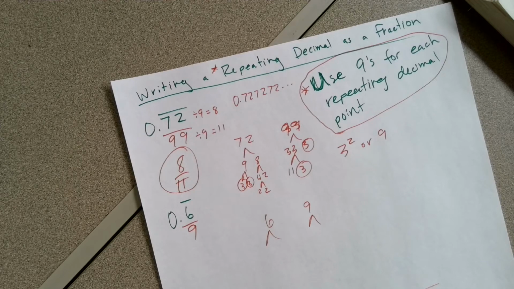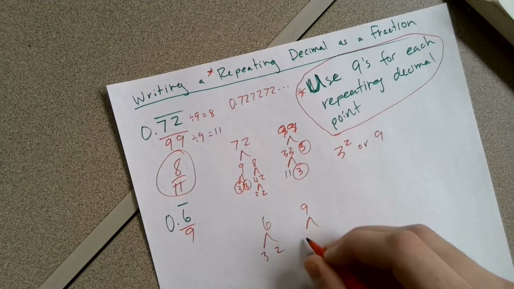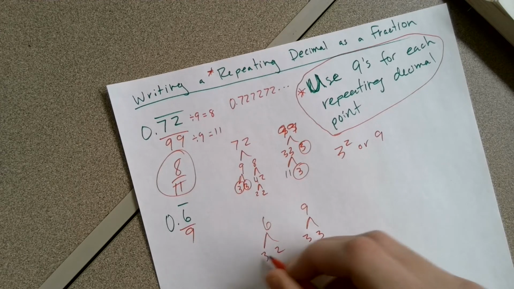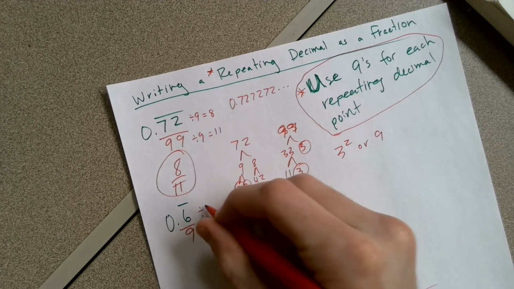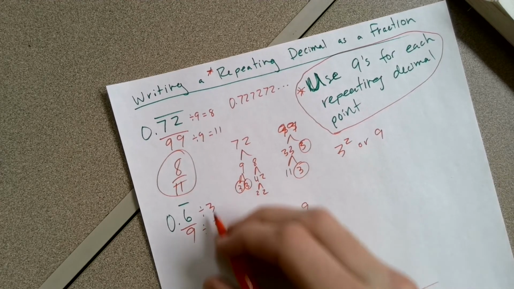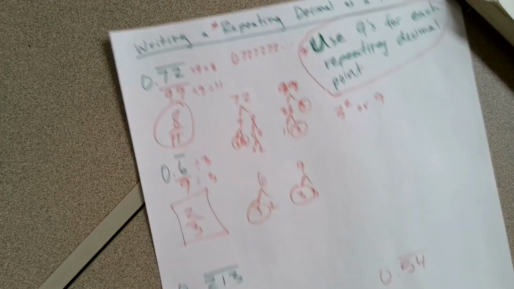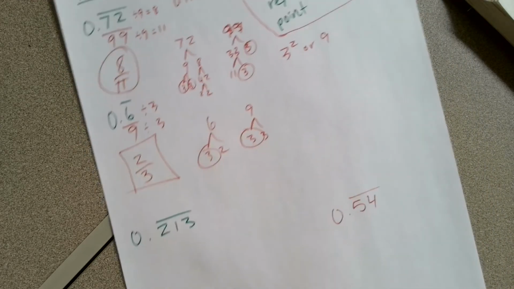I'm going to take that 6 and make that a 3 and 2, take that 9 and make it a 3 and 3. What is their common factor? Is that 3? And this is going to be the same as 2/3. Easy. Super quick, super simple.